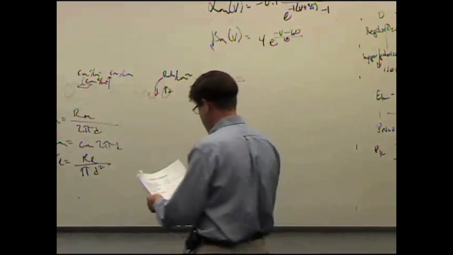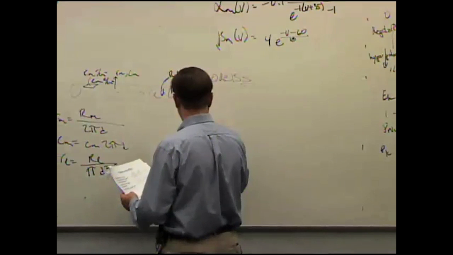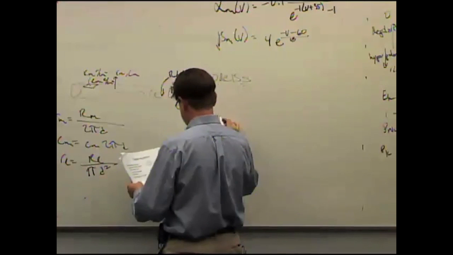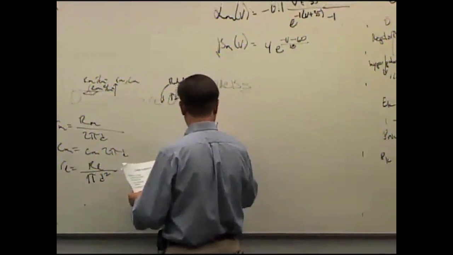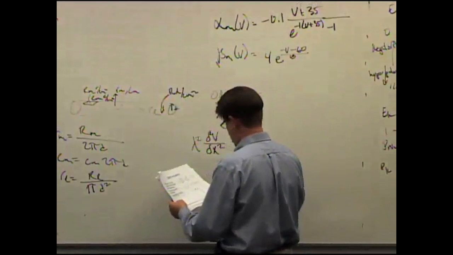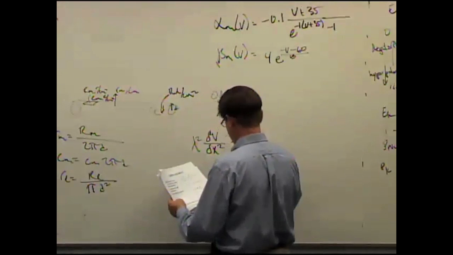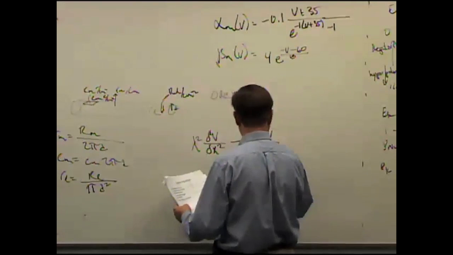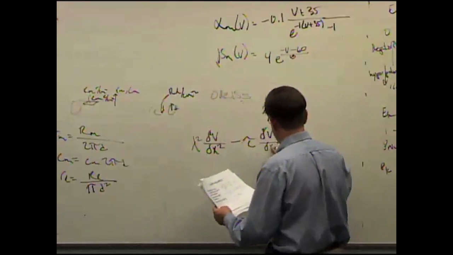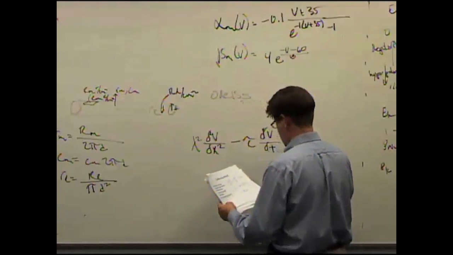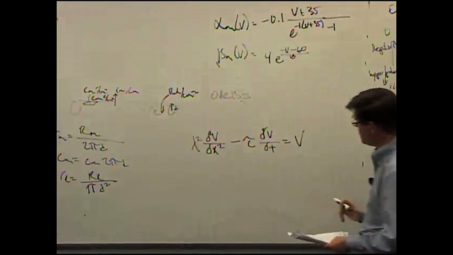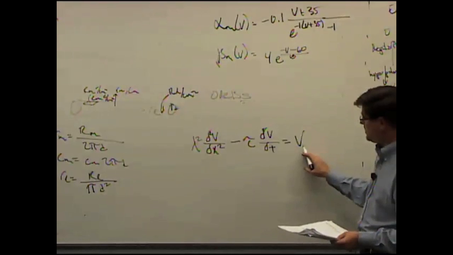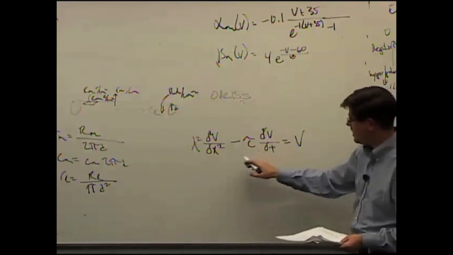And so I'm just going to write down the equations here. The length constant, let's see, dV/dx, dV/dt equals V. So we can look at the voltage at some position, and that's going to be dependent on space.